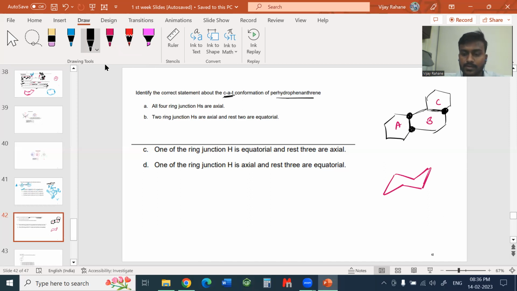Here, see, this hydrogen and this hydrogen are up, so we should draw this hydrogen up, this hydrogen up, right? And here also this hydrogen, see, this side, here and here, these are attached here and here, so we need to give labeling to this one.